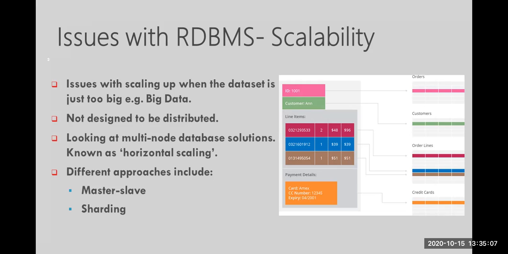Secondly, looking at the multi-node database solution, wherein the data sources are different, known as horizontal scaling. There are some issues with horizontal scaling also, and different approaches may include master-slave. As you might have done, there is the master table, and some of them are transaction tables. A transaction table is always like a weak entity, wherein the relationship is a weak entity.